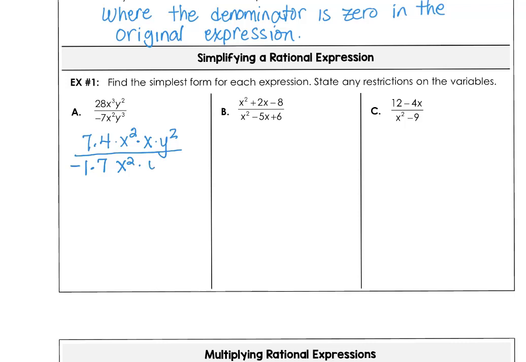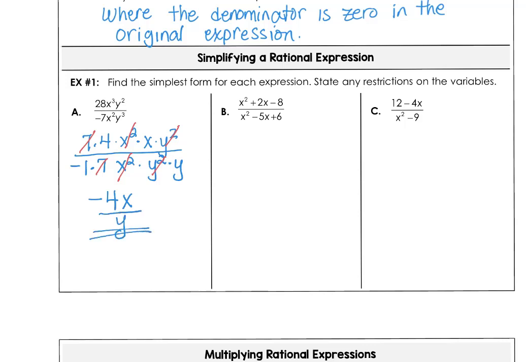And the same thing with the y. I've got y cubed in the denominator, but I've got y squared in the numerator. So we can take out a 7 and an x squared and a y squared. Oh wait, I didn't do the x's, did we? Oh yeah, okay. So that leaves us with 4 in the numerator and that -1 in the bottom. So we'll say that's -4x, and we only have a y in the denominator.